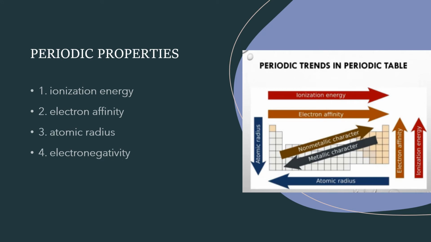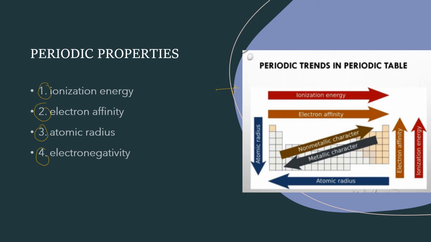We continue with the periodic properties we want to discuss. For these, the first is ionization energy, the second one is electron affinity, the third is atomic radius, and the fourth is electronegativity. In this figure, we can see the trend of the four and non-metallic and metallic character or properties.